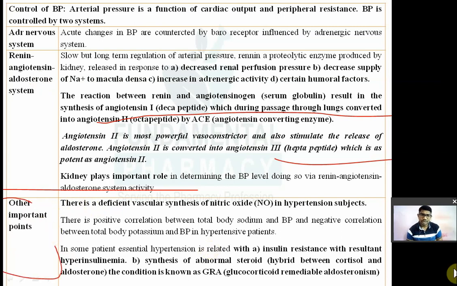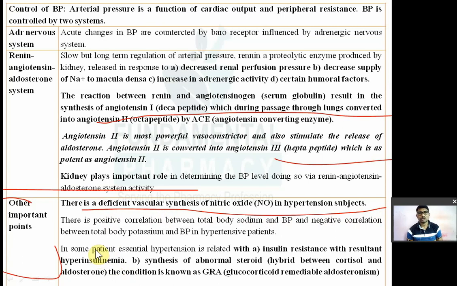If there is a deficiency in the vascular synthesis of nitric oxide, so if the blood vessel is deficient in the synthesis of nitric oxide, आपका जो ब्लड वेसल है उसमें अगर कोई डैमेज हो गया है, so if there is endothelial damage to the blood vessel, this nitric oxide will not be there.